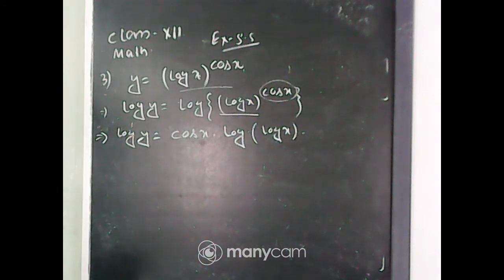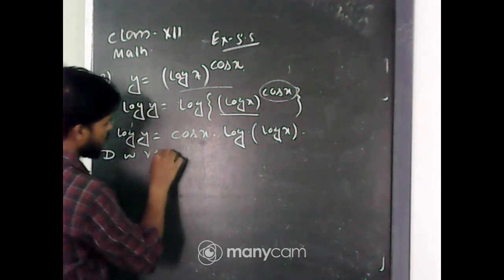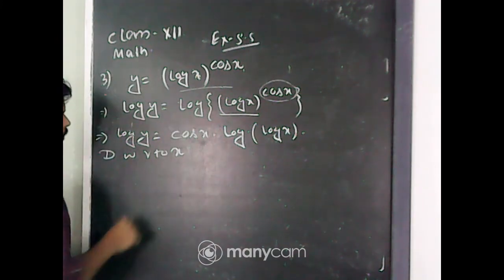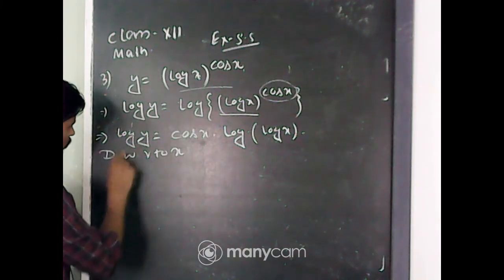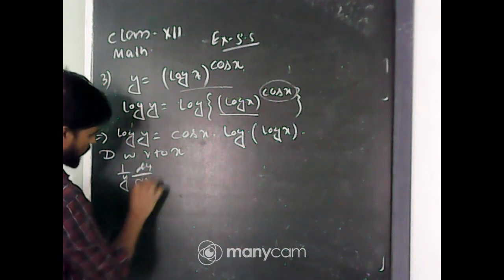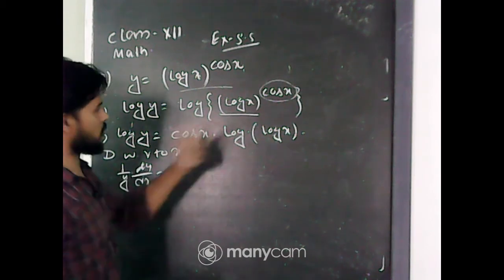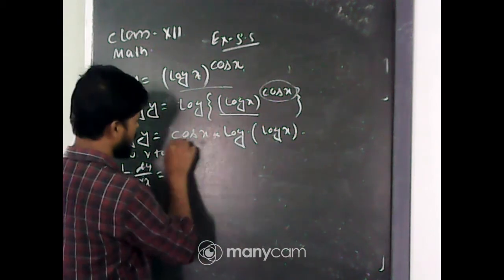Now we can differentiate it with respect to x. If we differentiate with respect to x on both sides, we have the derivative of log y, which is 1 by y dy/dx, is equal to the derivative of this. Now look, this is actually a product of two functions.